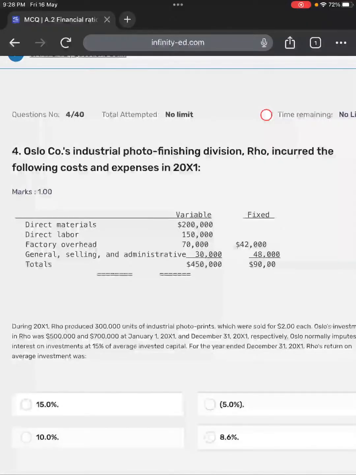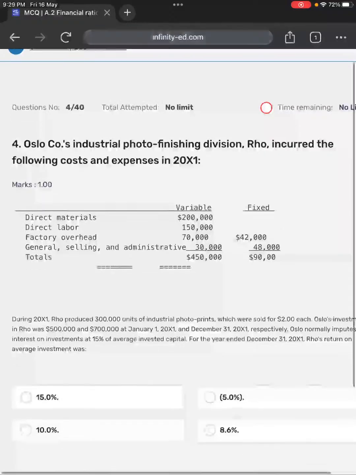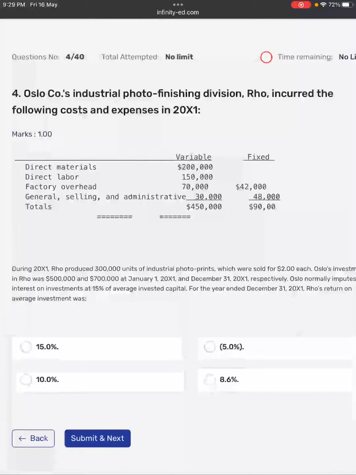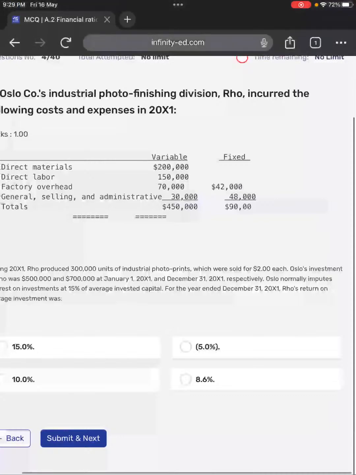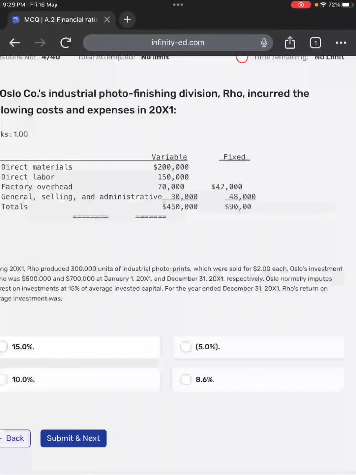In total, 450,000 will be variable and 90,000 is the fixed. During the year 2001, RO produced 300,000 units of industrial photo prints, which were sold for $2 each.